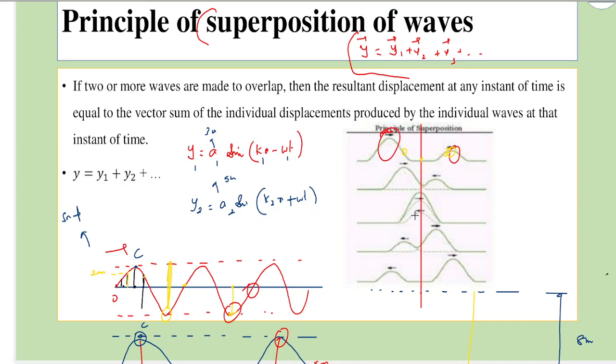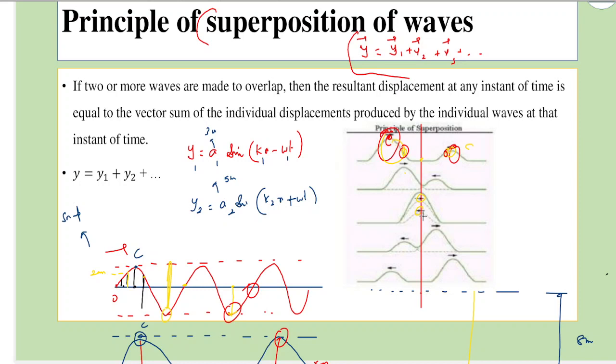As given here, this is the displacement if only this wave was moving, and this would have been the displacement if this alone was moving. But since both are moving together, keep in mind that only when this maximum and this maximum fall together does it go to maximum height. For example, imagine that this falls on this. It will have some displacement but not maximum. It will have maximum only if this part falls on this part.